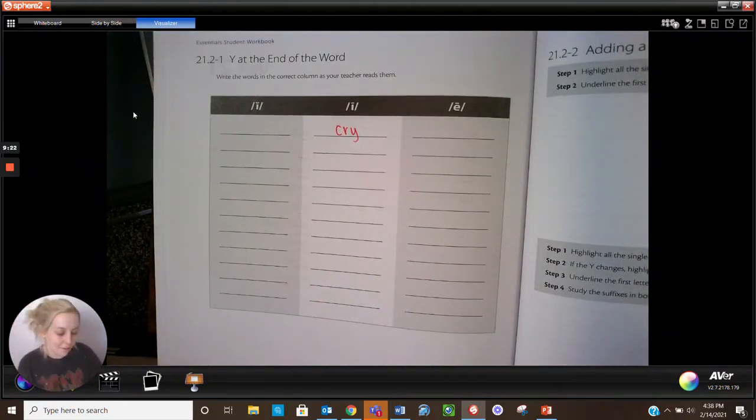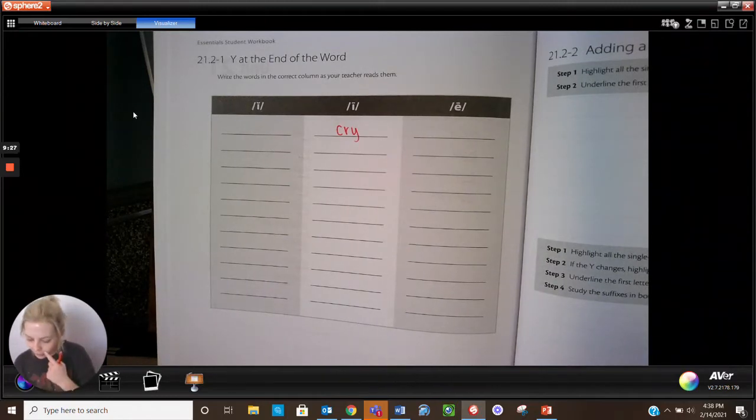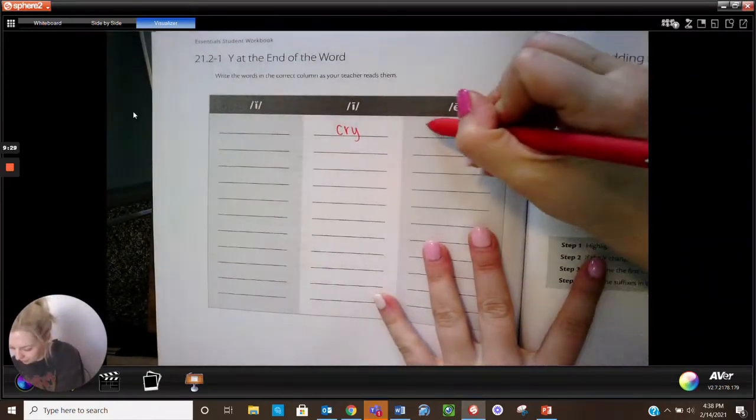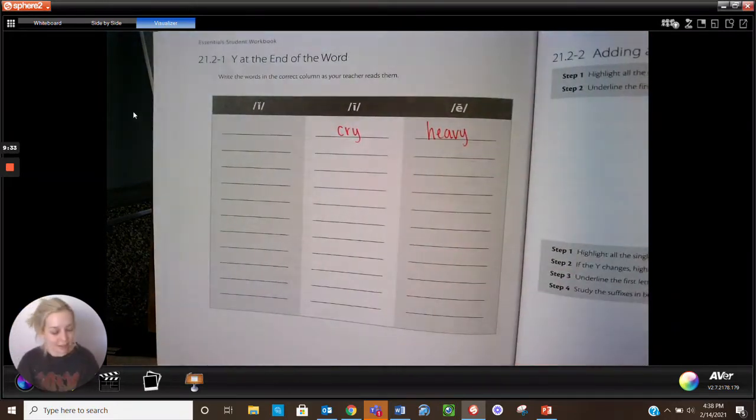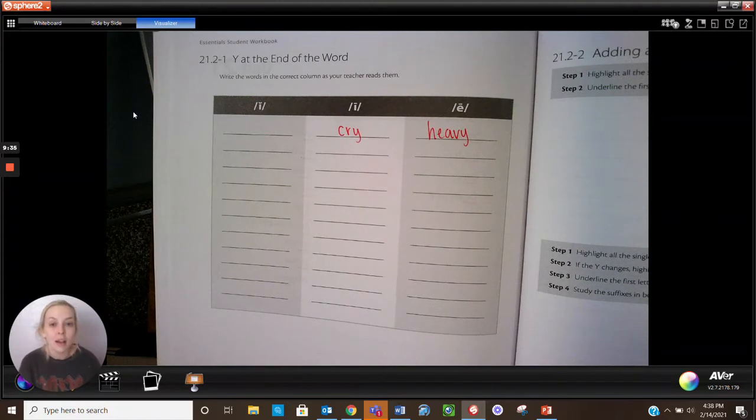And heavy. Heavy. Saying the E sound there. Copy. Copy.